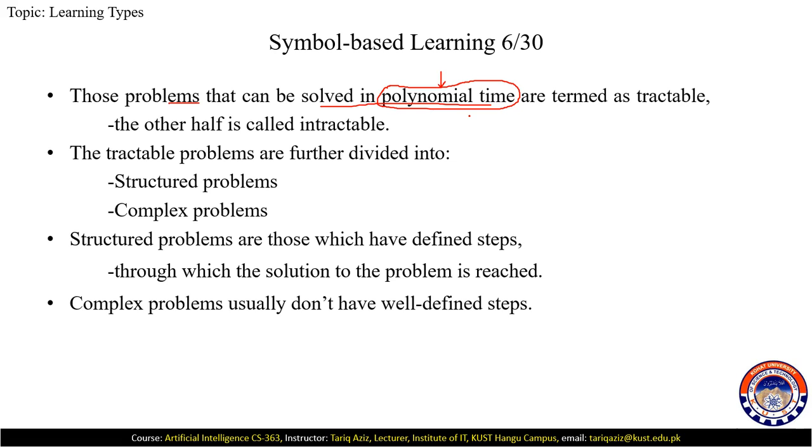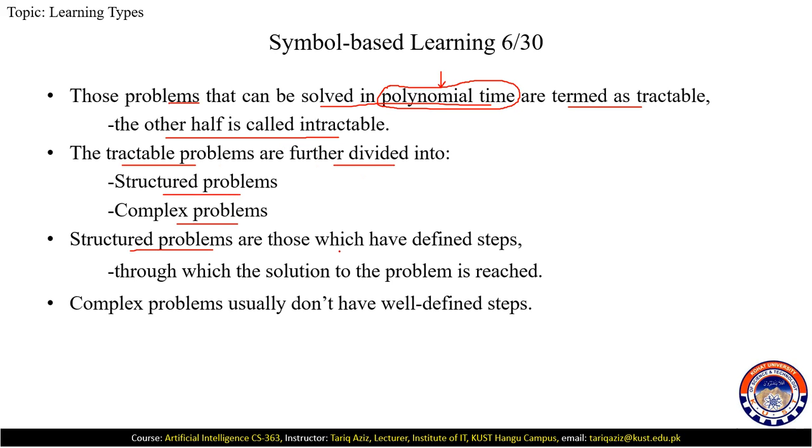Okay. Now, dear students, those problems that can be solved in polynomial time are termed as tractable, while the other half is called the intractable. It says that the tractable problems can be further divided into structured problems and complex problems.